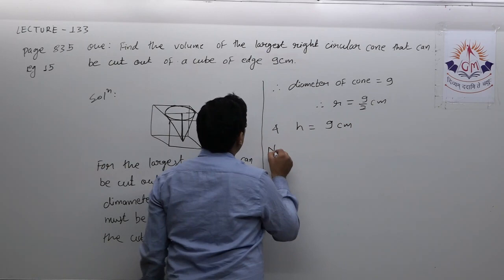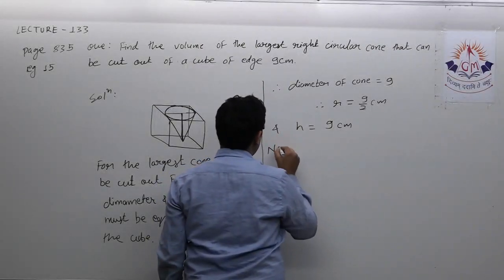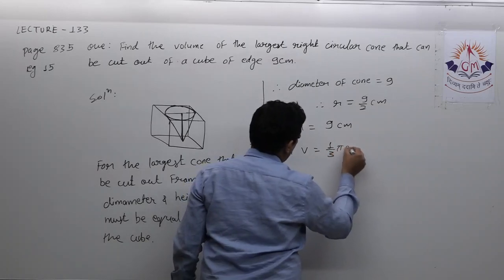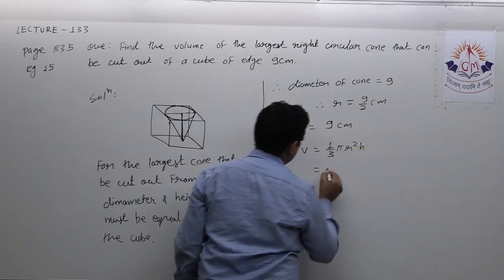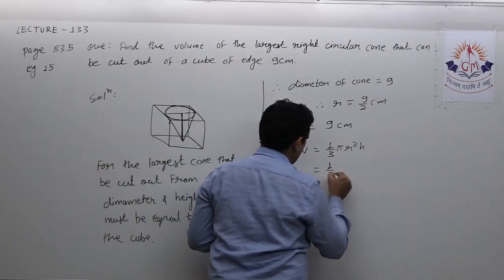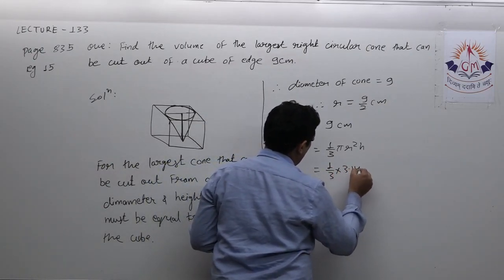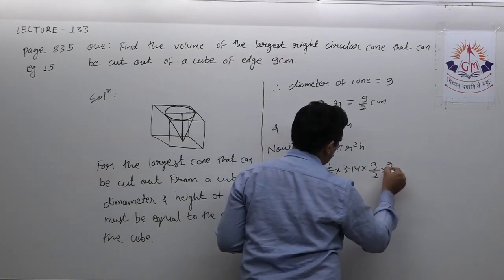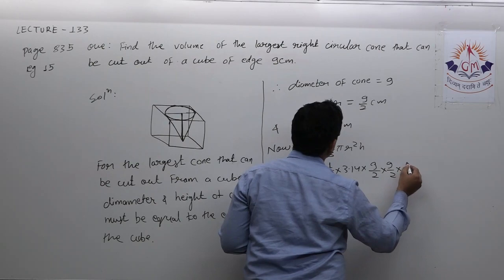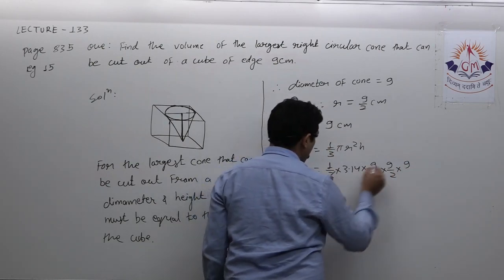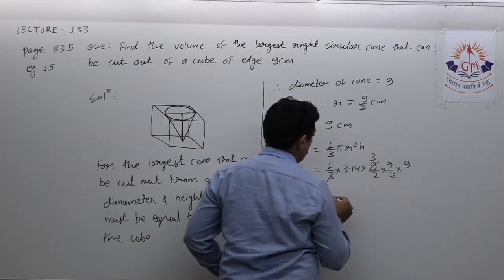Now we have to find the volume. So volume is equal to 1 by 3 pi r square h. So 1 by 3, pi 3.14, radius is 9 by 2, and height is 9. We can cancel this, 3 3s are 9.